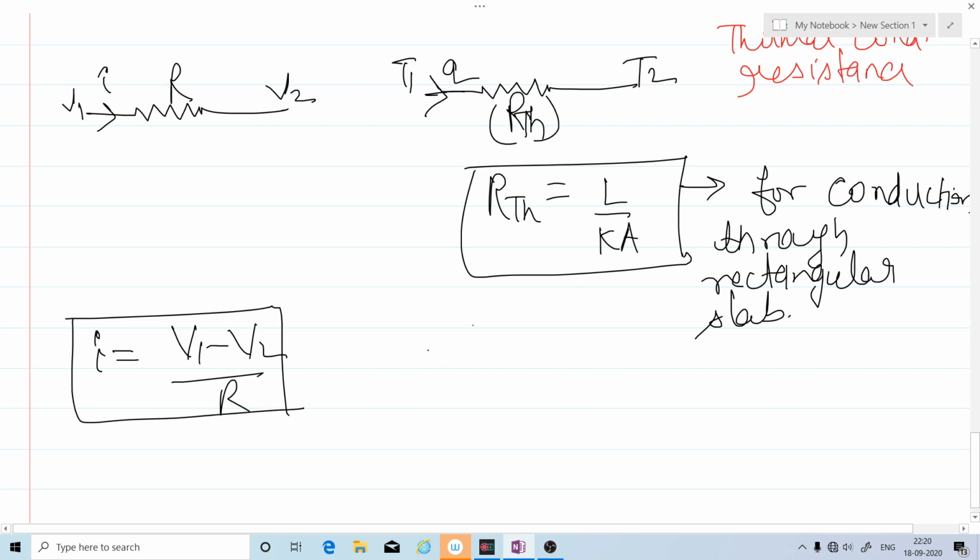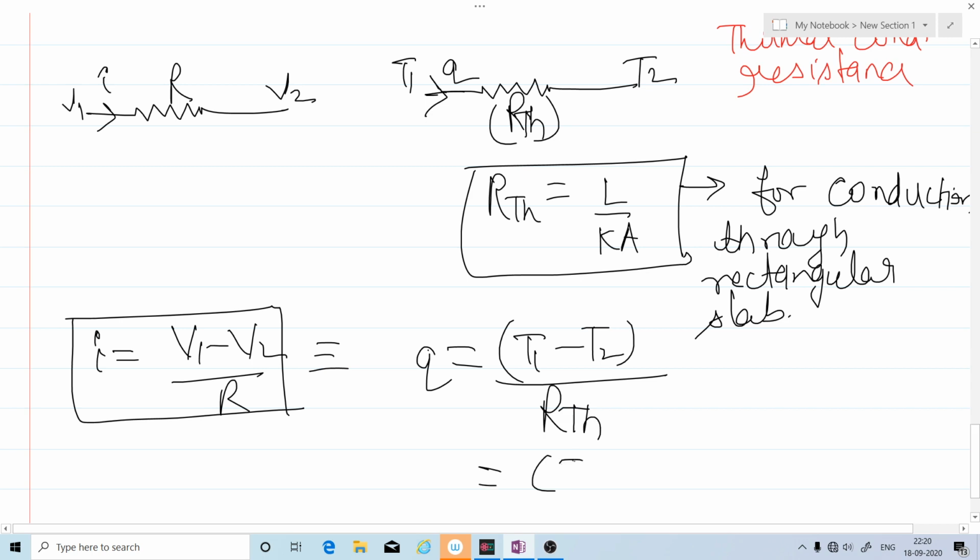Similar to this, if we know the resistance of the thermal circuit, in the case of a rectangular slab L by Ka, we can write, analogous to this formula, the heat transfer Q as the temperature difference T1 minus T2 divided by the thermal resistance, which is T1 minus T2 upon L by Ka.